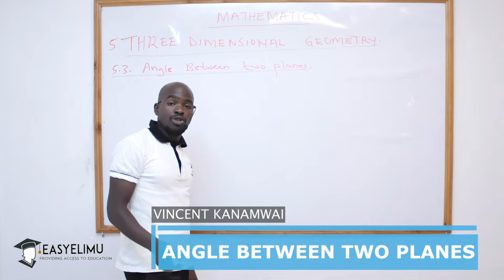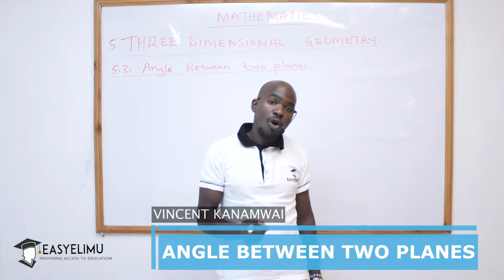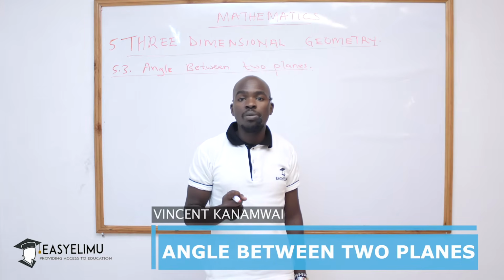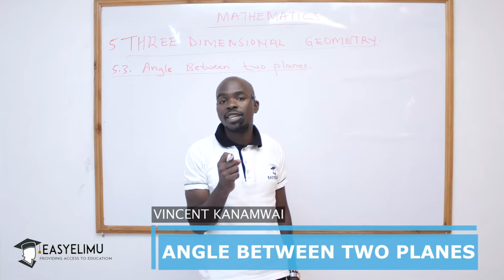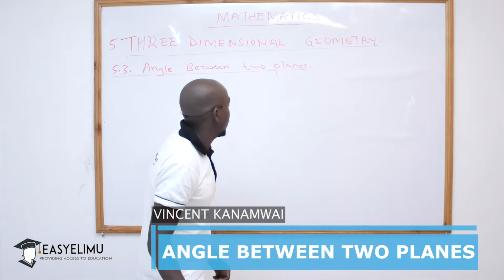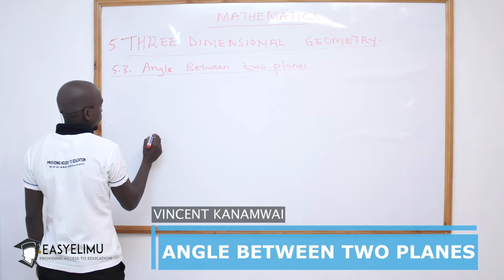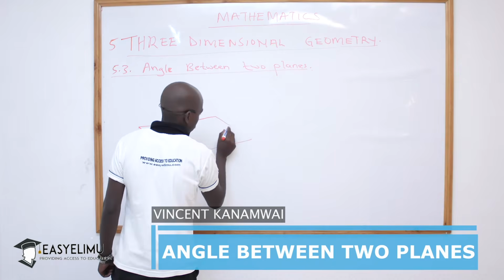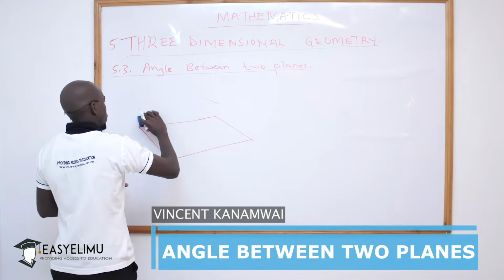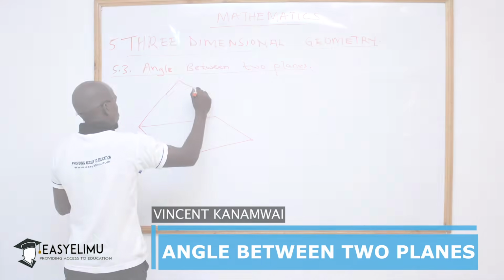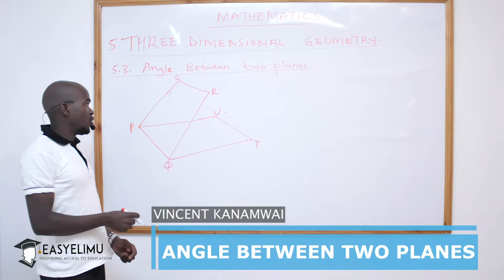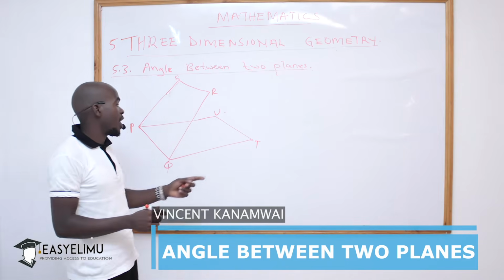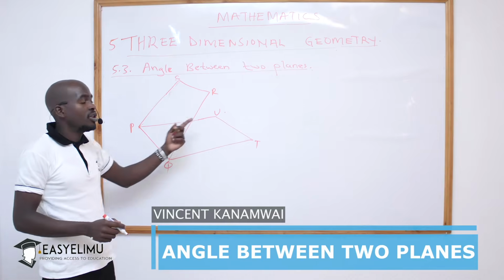We have said that the two planes intersect each other on a straight line, meaning that there is an angle which will be found between the perpendiculars of the two intersecting lines on each plane. For instance, having these two planes, we have plane PQRS and at the same time a plane TQPU.